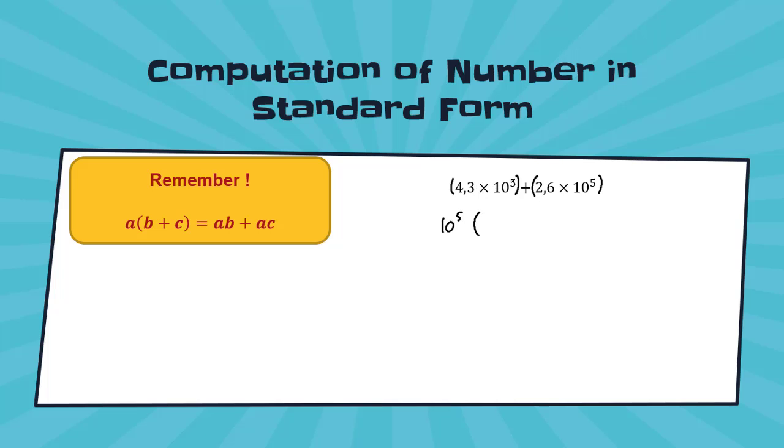So you can put 10 to the fifth in front and divide all the terms by 10 to the fifth. And we find 10 to the fifth times 4.3 plus 2.6. So it's equal to 6.9, and you can write 6.9 times 10 to the fifth. So this is the answer.